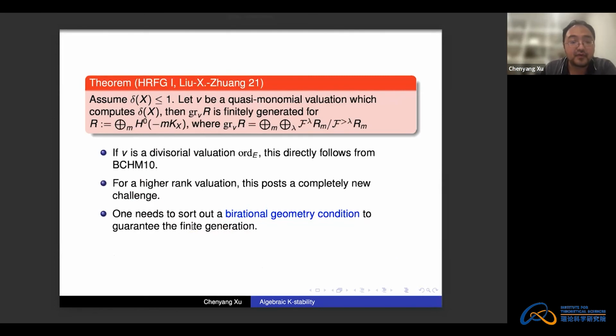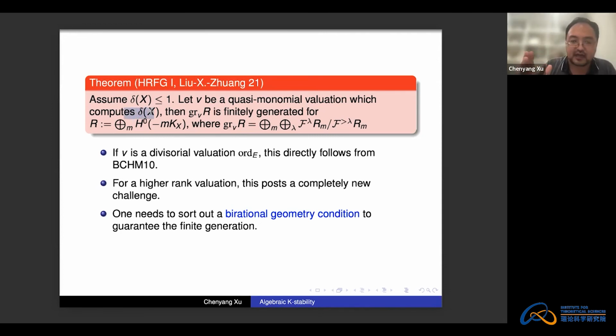This is basically just a copy of the theorem at the end of the last page. As I said, if it's divisorial, it follows from BCHM, but for higher rank we need something new. The key is, the theorem says that for V which calculates delta(X), what we really need is some birational geometry condition to guarantee the finite generation.